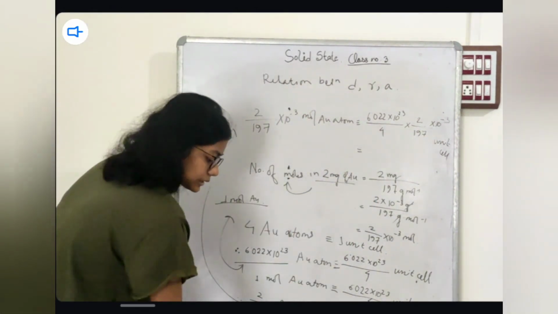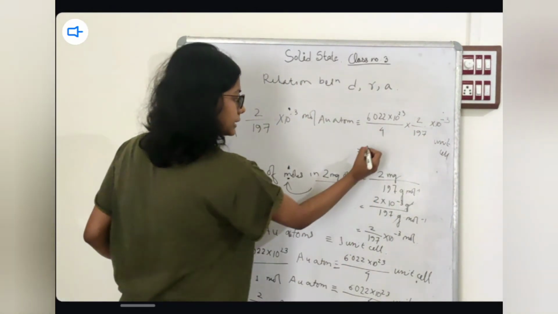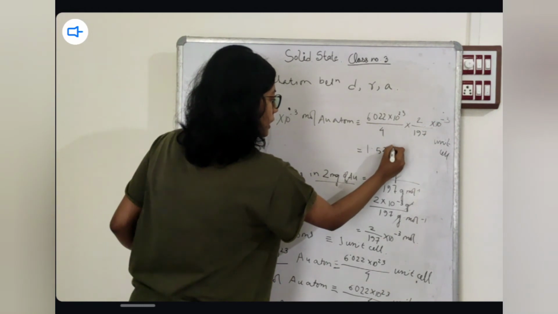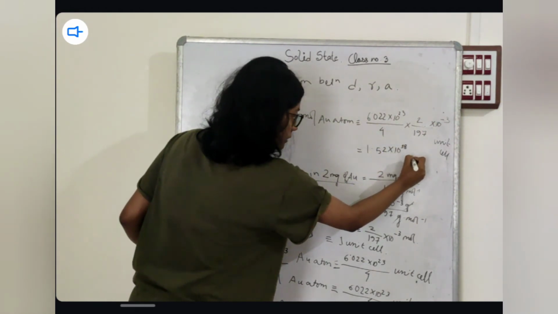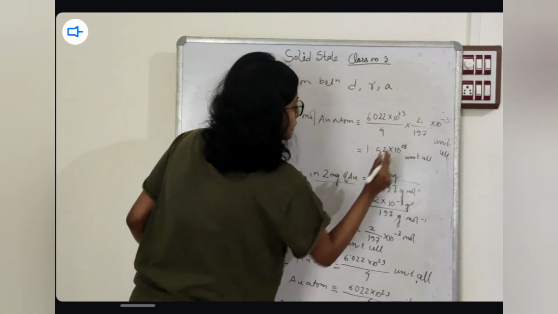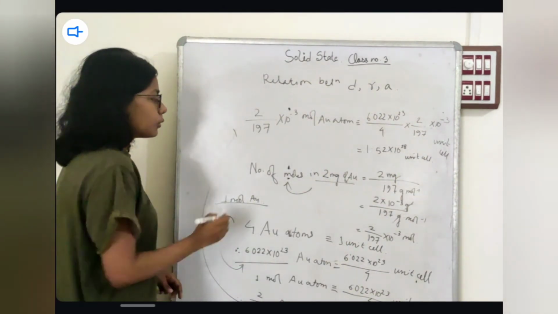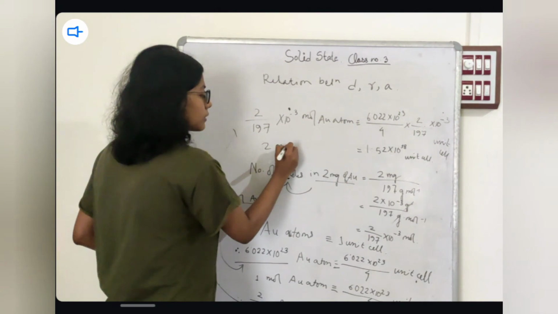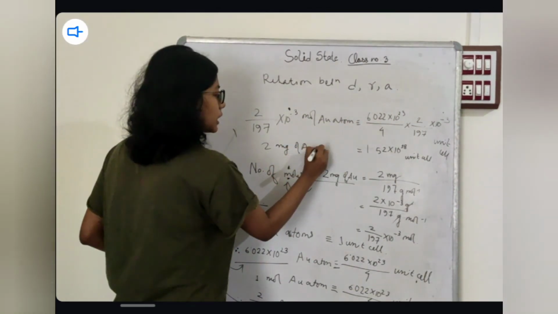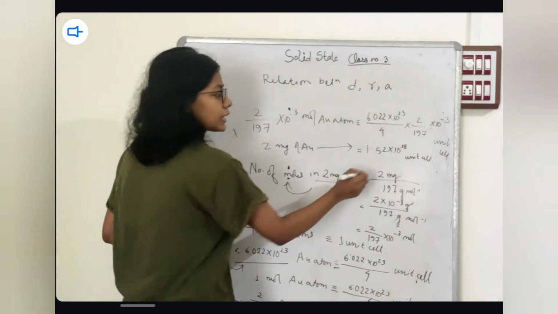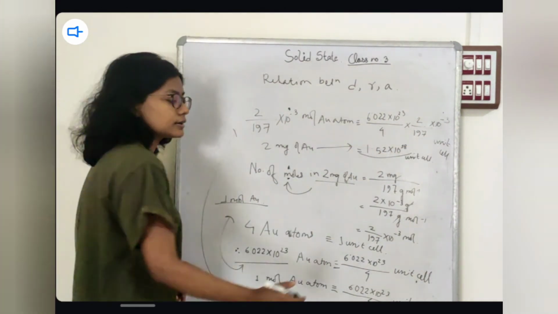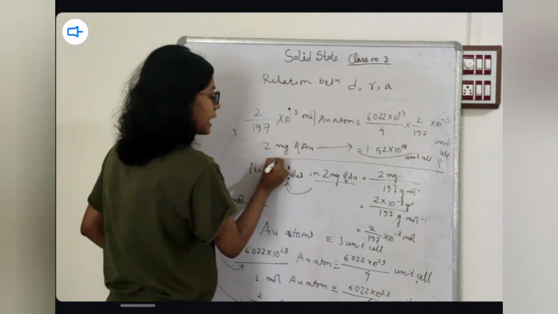And if you calculate it, you will find it as 1.52 into 10 to the power 18 unit cells. So 2 mg of gold contains how many unit cells? 1.52 into 10 to the power 18 unit cells. So this is the answer.